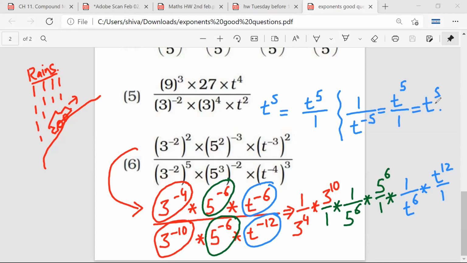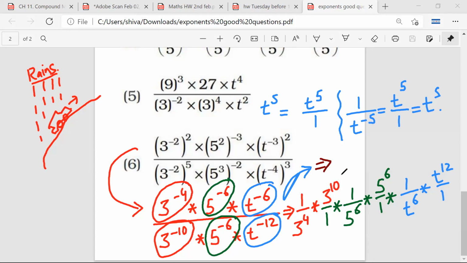Is it okay? Soumya, is it okay? Yes, sir. See, intentionally I am going a bit slow so that there is no doubt about this.